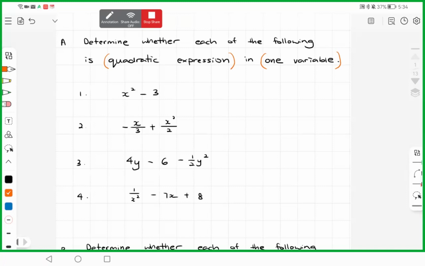Okay, number 1, x squared minus 3. Do you think this is a quadratic expression? Yes. Okay, I just put a tick here. What about the second one?